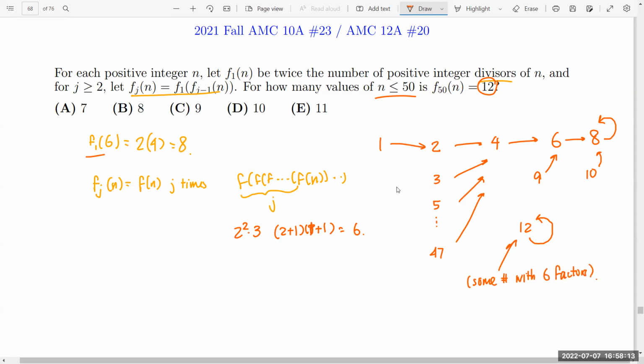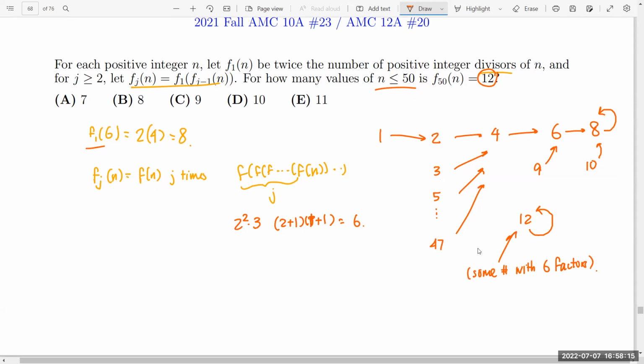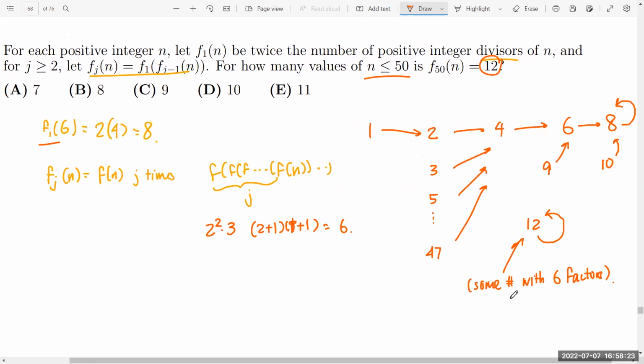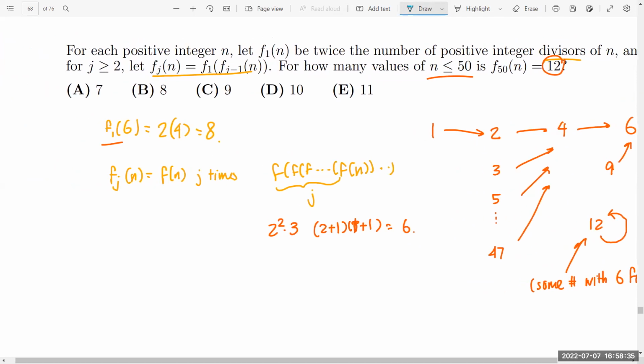So essentially, we can work backwards from 12 and say that before 12, you have to be at some number with 6 factors, which could be 12. So let's take a look at all numbers with 6 factors.